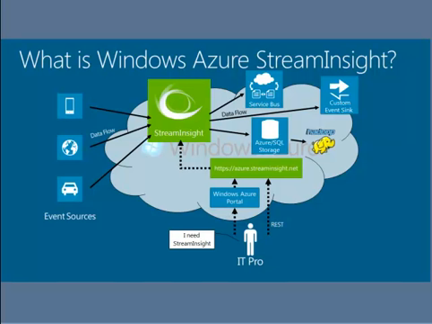Then I have my own Stream Insight application running in that instance that does the event processing, that does correlation of events, aggregation over time windows, specified as declarative LINQ queries.